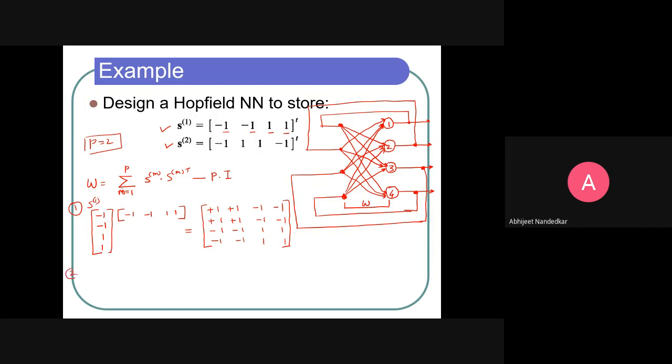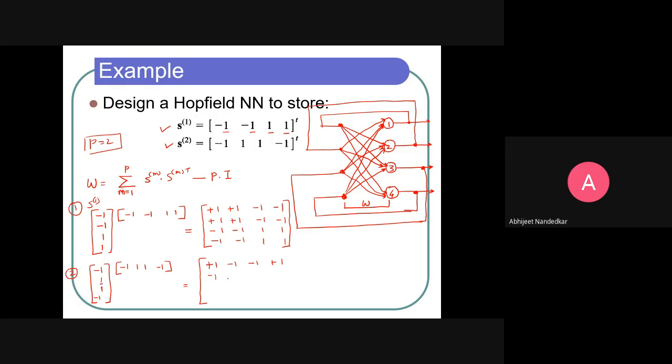Then you take the second pattern. So the second pattern is minus 1, 1, 1, minus 1. You take the outer product. So it is plus 1, minus 1, minus 1, plus 1. Again, take the second number here.